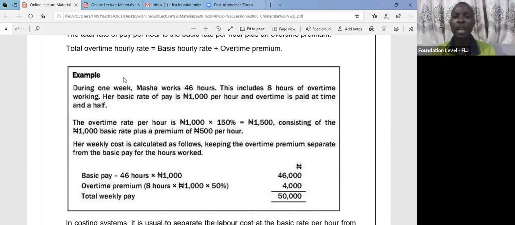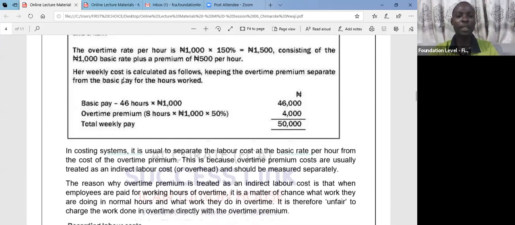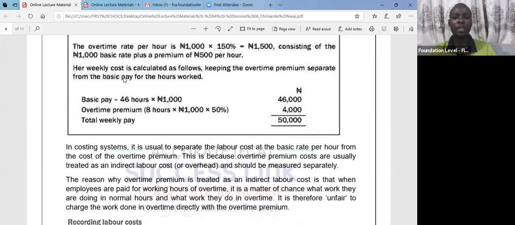So you see, effort is being made to differentiate direct cost and indirect. And so overtime premium is indirect. You see here that in a cost system, it is usual to separate the labor cost at the basic rate per hour from the cost of the overtime premium. This is because overtime premium costs are usually treated as indirect labor costs and should be measured separately.